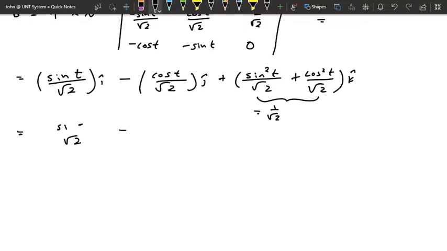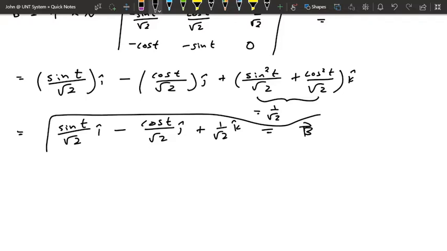Let's just write it without parentheses. Okay.